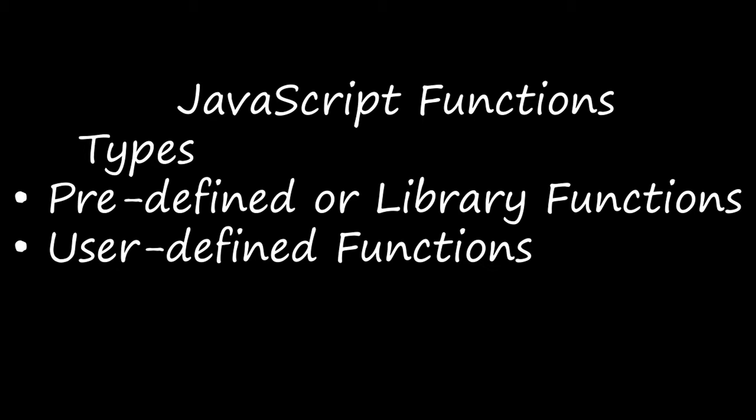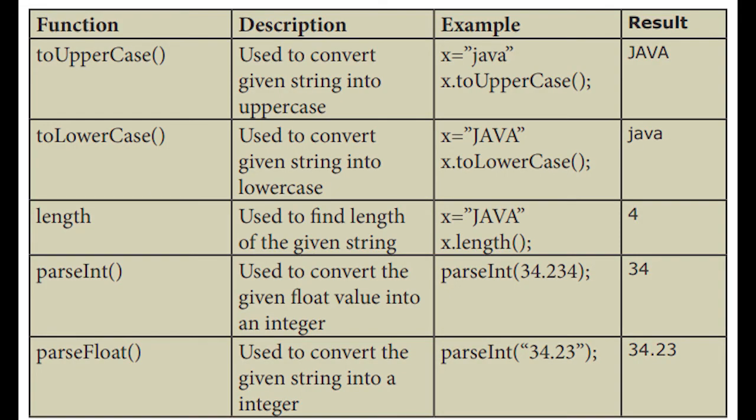Okay, toUpperCase means this function will convert the given letter or string to uppercase. That means if you are giving x is equal to java in small letters, and you call x.toUpperCase(), the output will be capital JAVA. In the same way, toLowerCase will convert the particular string, letter or word to small letters.